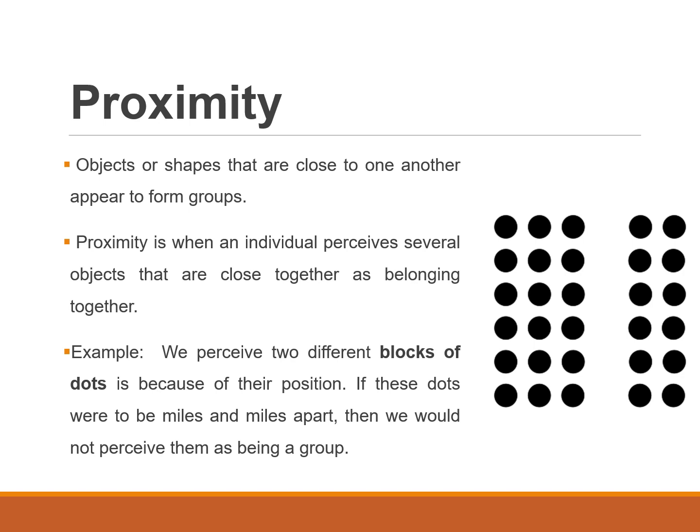In the example, students coming out of a lecture hall we perceive as a single entity. Students come out from the lecture hall walking as a group, so we consider that group as a single entity because of proximity.